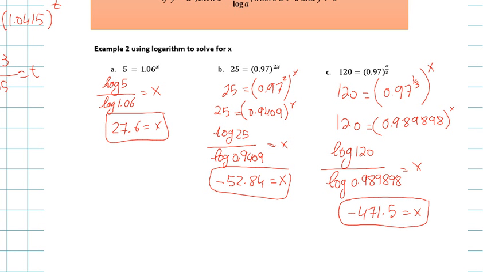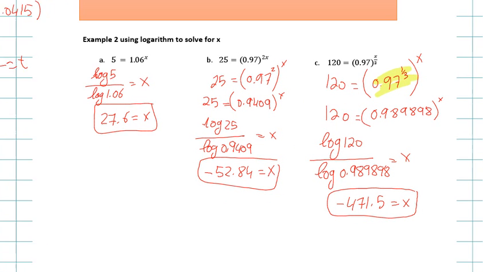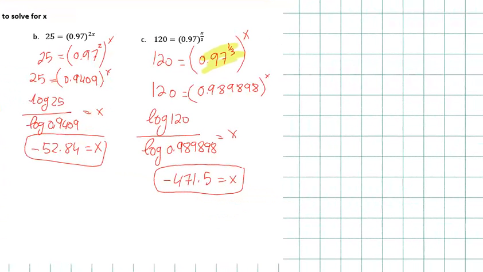If you don't remember this part right here, I'm going to show you another way. Okay? So if I do log 120 over log 0.97, right? I do this over this, it's going to equal x over 3, right? So that equals the exponent, and the exponent is x over 3.